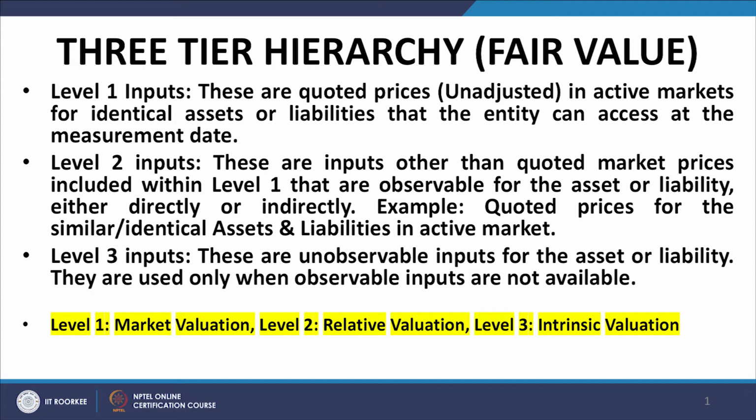Level 1 inputs are in the context of assets which have active markets, and these inputs represent quoted prices in active markets for identical assets or liabilities that the entity can access at the measurement date. So, this level relates to those assets for which there exist active markets, and as a result one can take recourse to the prices prevailing in those markets for arriving at an estimate of fair value of those assets.